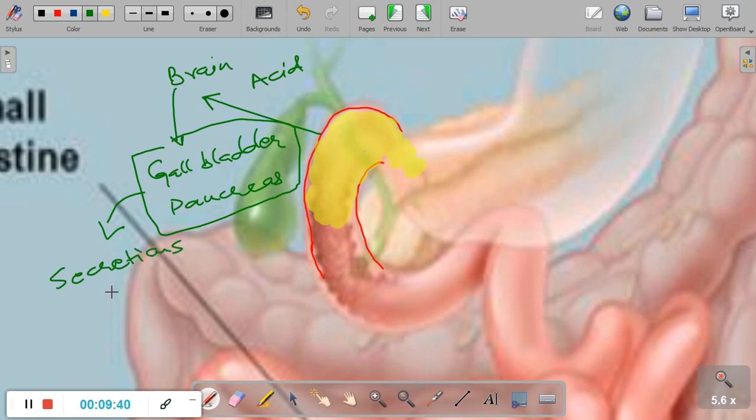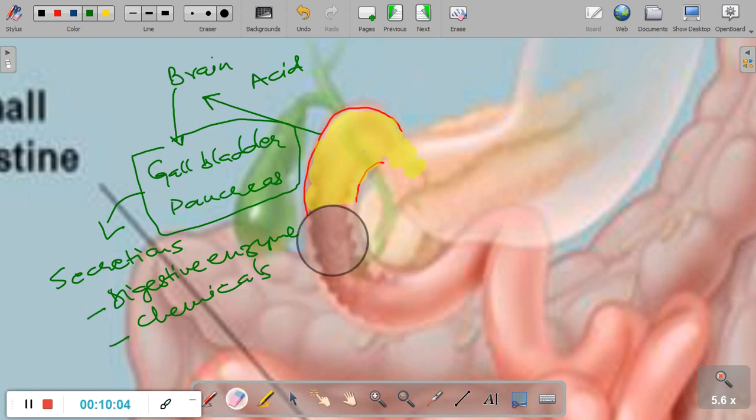What are secretions made up of? Secretions are made up of, again, digestive enzymes and other chemicals. So I hope this much is clear to you: what happens when chyme enters the small intestine and why. A signal is sent to the brain, which tells the gallbladder and pancreas to release their secretions. And what are the secretions made up of? Digestive enzymes and other chemicals.